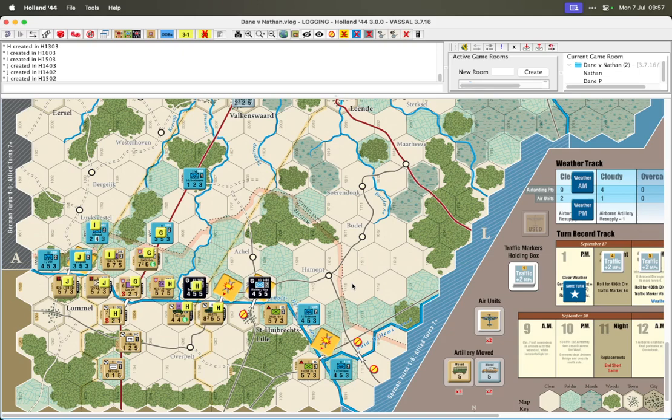Let me just pull this unit out here. Okay. I could take a step off of it during the movement phase. Right. Poof. I just took a step off of it. I could come up here and grab, I don't know, where the hell are the breakdown units?